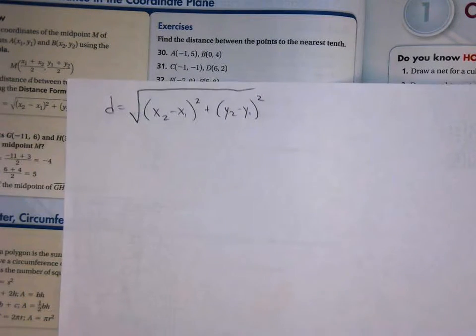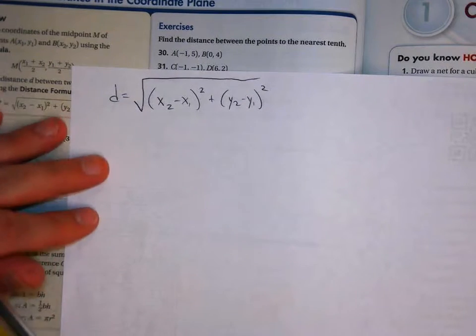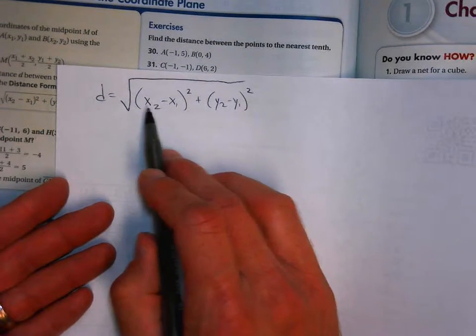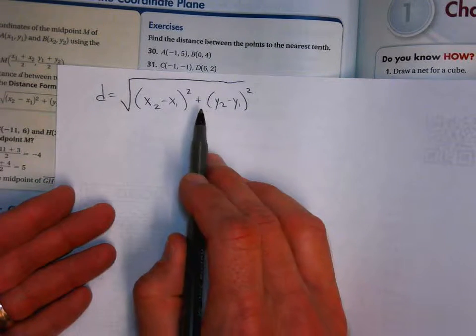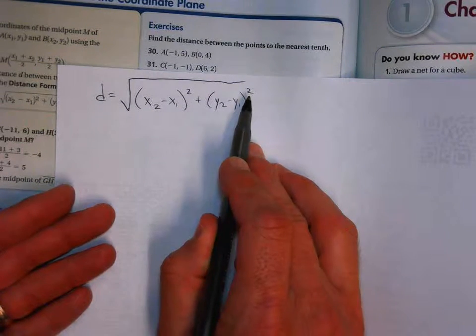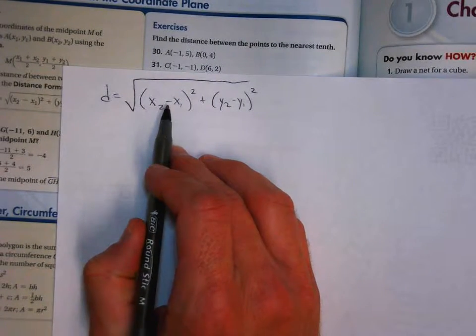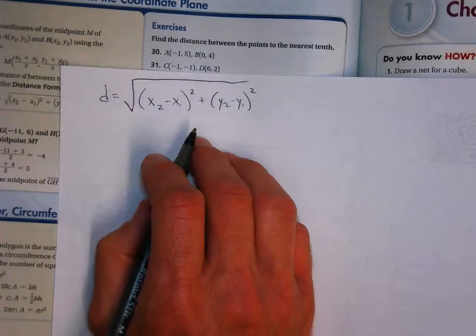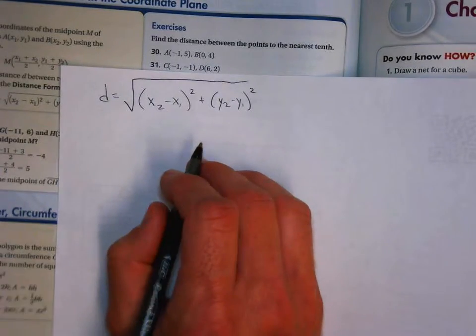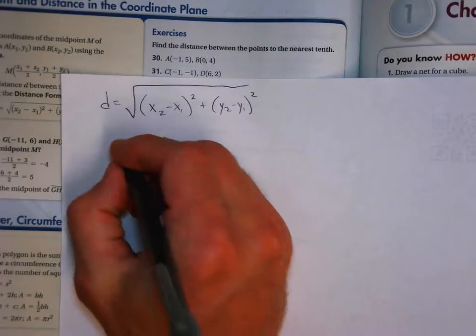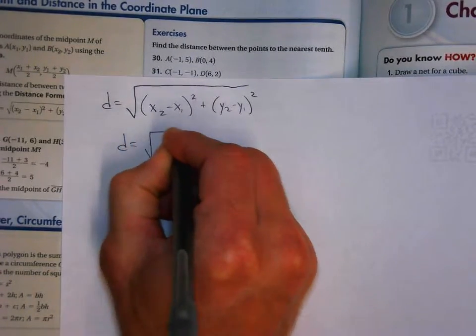Okay? So with number 31, we're taking the square root of the square of the difference of the x's and the square of the difference of the y's. If you can read formulas a little bit smoother, you might find life becomes easy.